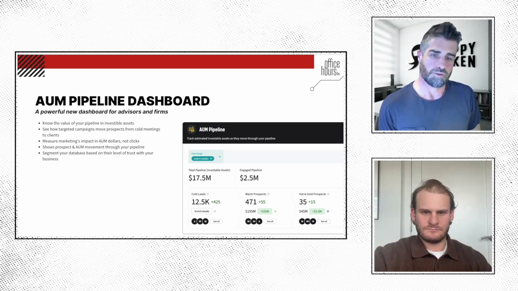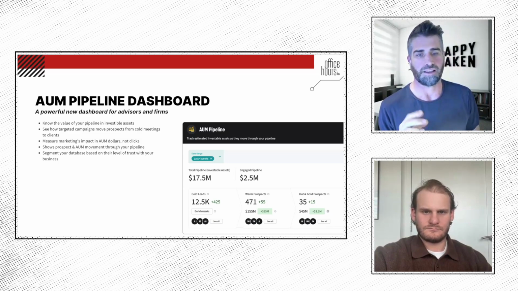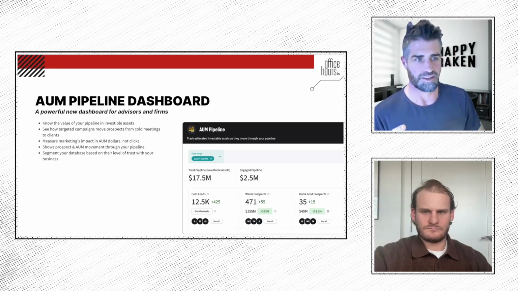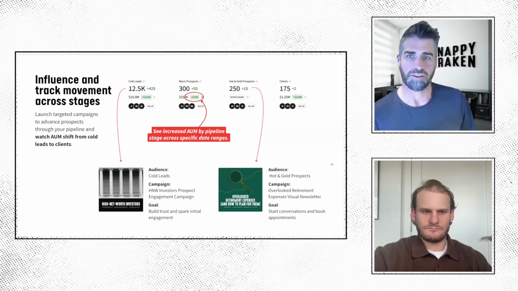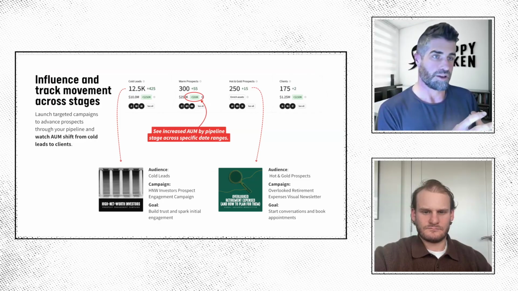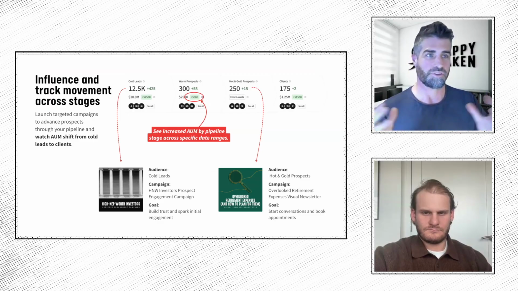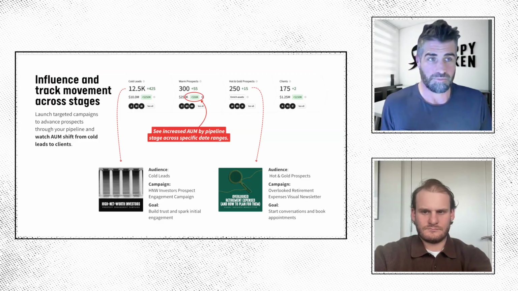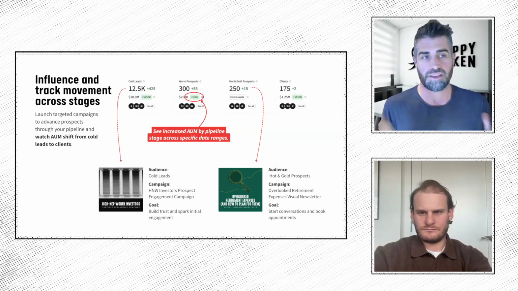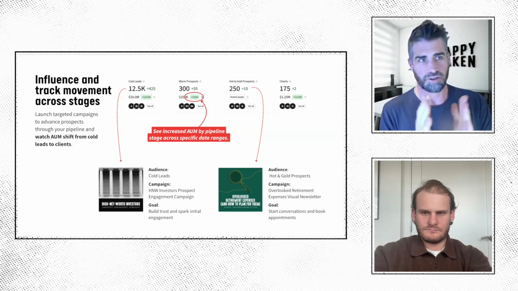So let's keep this going. We're talking about a lot of different things with this pipeline and some of the views that it gives you. I think one of the most exciting things it lets you do is get really tactical on moving people through the pipeline, right? So instead of just having this huge prospect list with no idea of where people are in the life cycle stage from cold lead to client, now you have this concrete visibility.